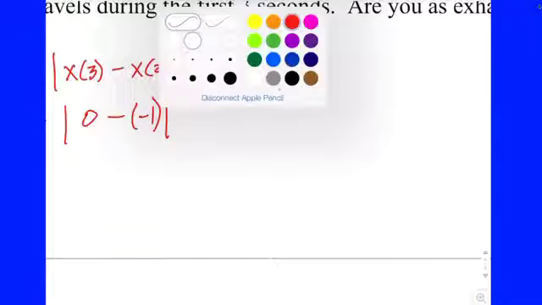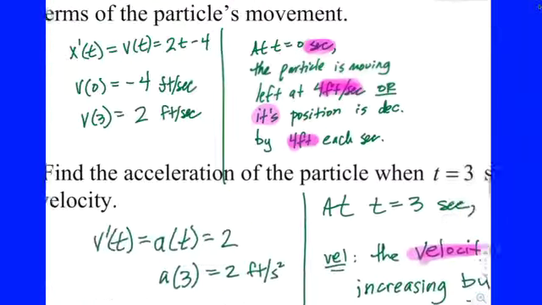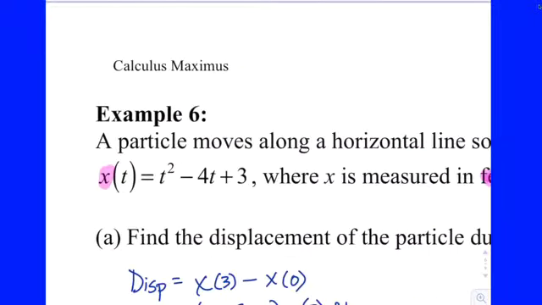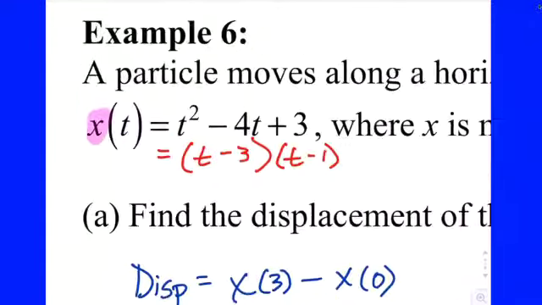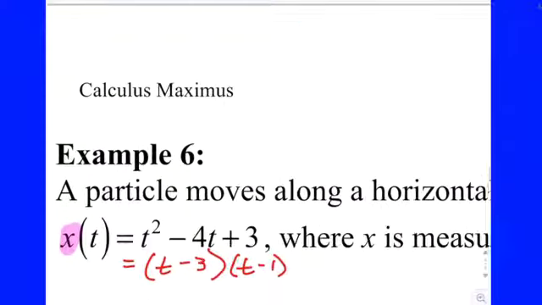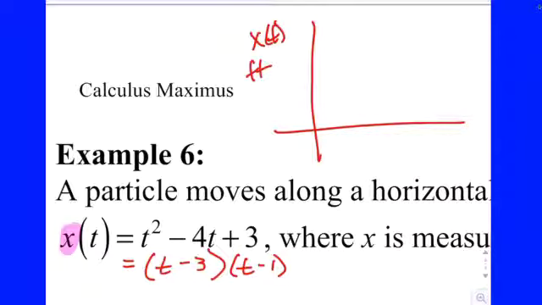Now, if you wanted to actually come way back up here and sketch the original one, that can kind of inform your decision. Does this thing factor? 3 times (t minus 3)(t minus 1). So to sketch that, we've already sketched the velocity function, but this could be the position in feet against time in seconds.